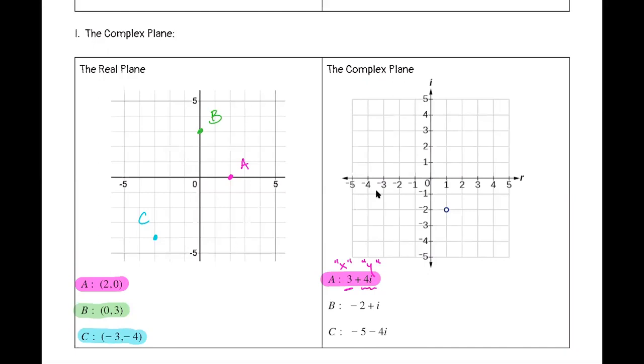So if I want to plot 3 plus 4i, I'm going to go over 3 and up 4. And this is A, which is 3 plus 4i. So take a moment and plot B and plot C. All right, give you a moment to plot B and C, and then we'll check our answers together.